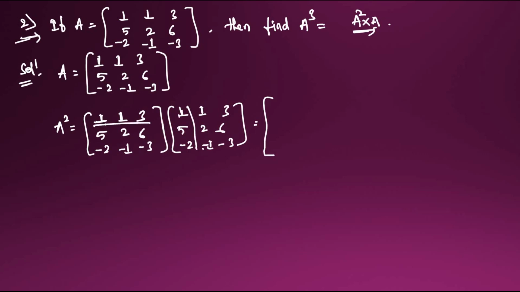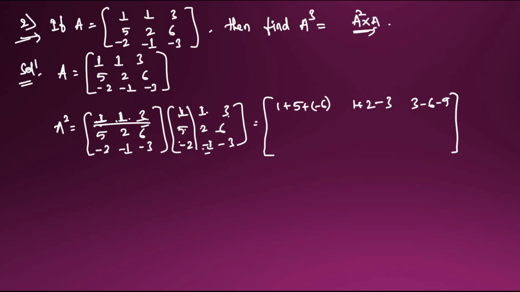So 1 into 1 is 1, plus 1 into 5 is 5, plus 3 into 2 is 6, minus 6, okay. So again 1 into 1 is 1 and 1 into 2 is 2, and 3 into minus 1 is minus 3, and again 1 into 3 is 3 and 1 into 6 is 6, minus 6, and 3 into 3 is 9, minus 9, okay.